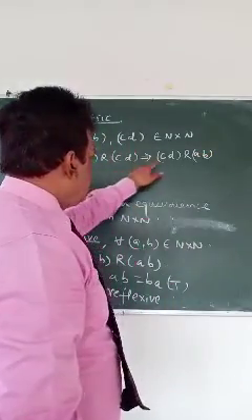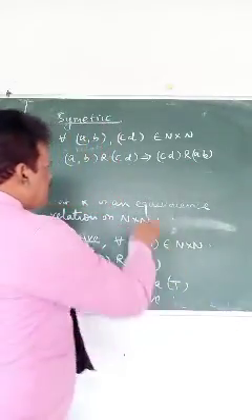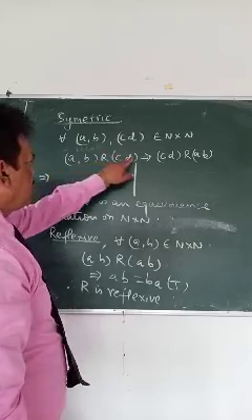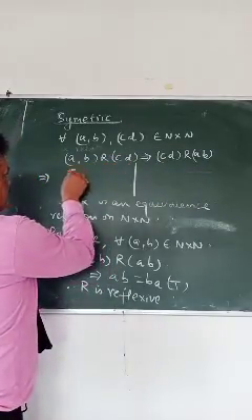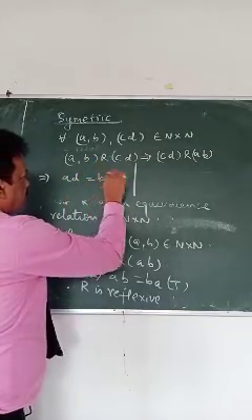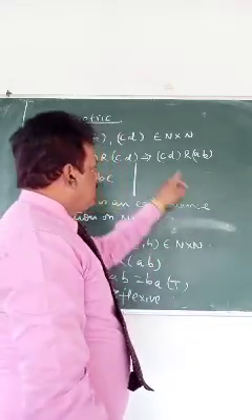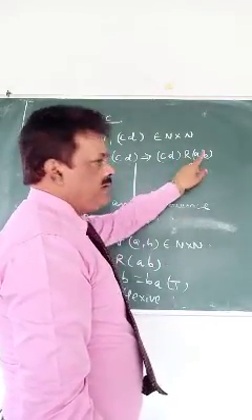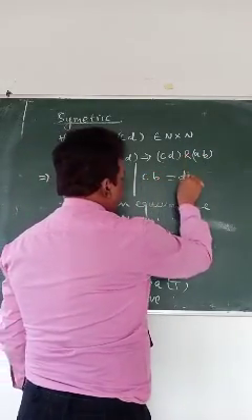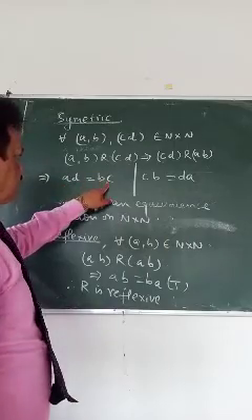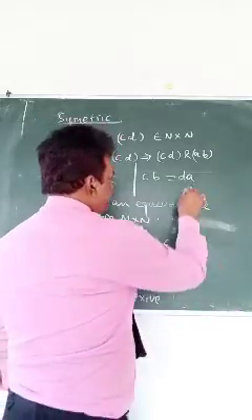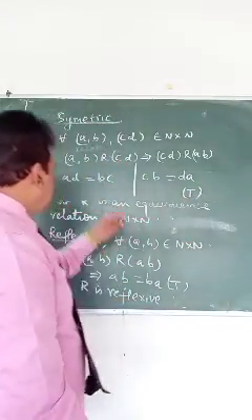That means these two relations should be the same. Very simple, you can do. Implies, what is the definition? First-last: ad equals bc, because that is defined. If you come to this one, cb equals da. Check, both are the same: ad equals bc, cb equals da. True, because bc and cb are the same.